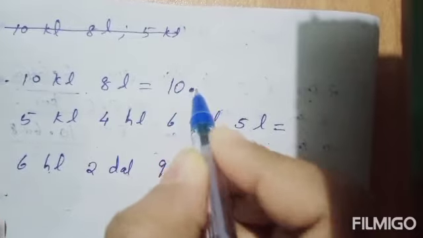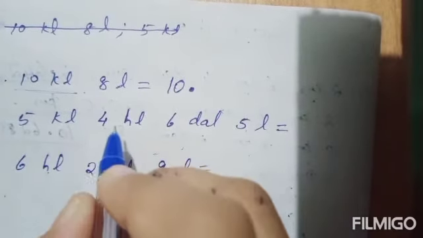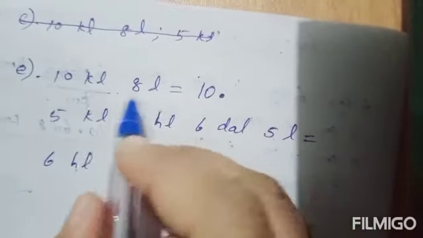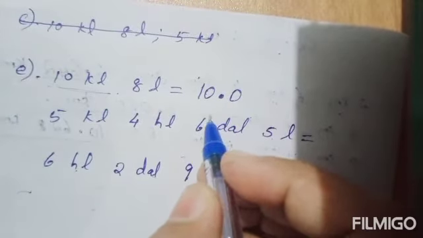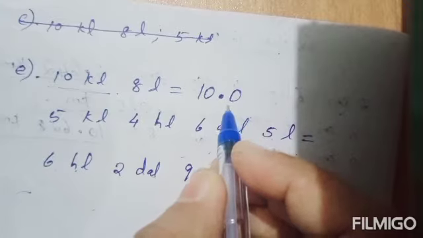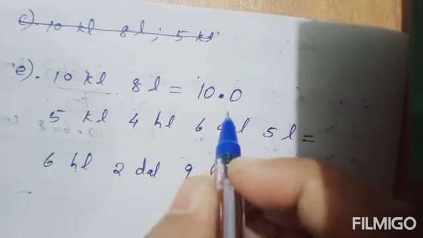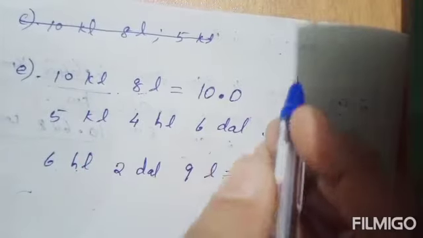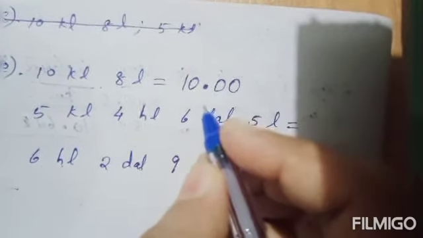So 10 point. Now after the decimal point, the 10th place is hectoliter. Okay, but it is not given in the question, so you can put 0 in the 10th place. Now in the 100th place it will be decaliter. That is also not given in the question, so in the 100th place also you can put 0.